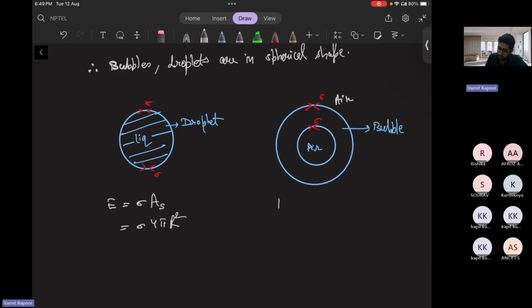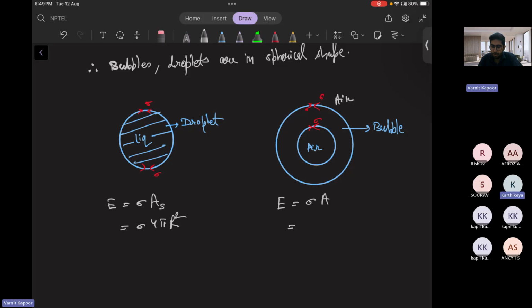So here energy E will be sigma into area. Will it be sigma or 2 sigma? Tell me. Sir, 2 sigma.